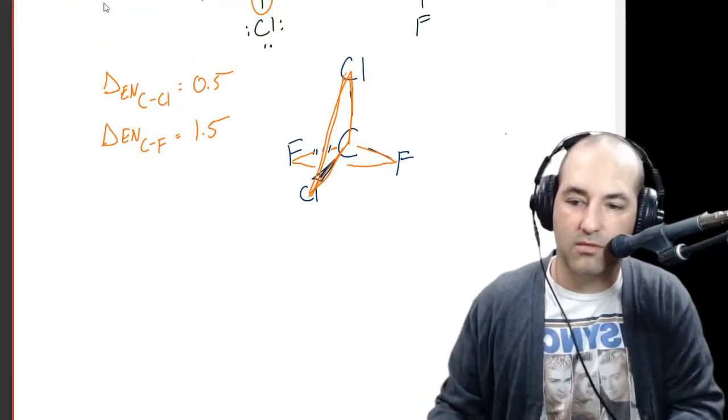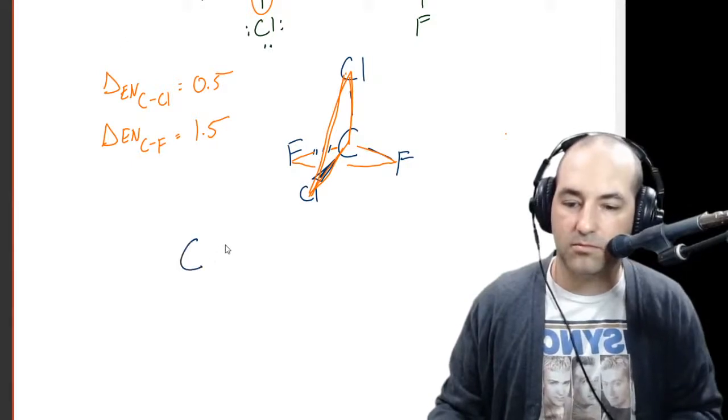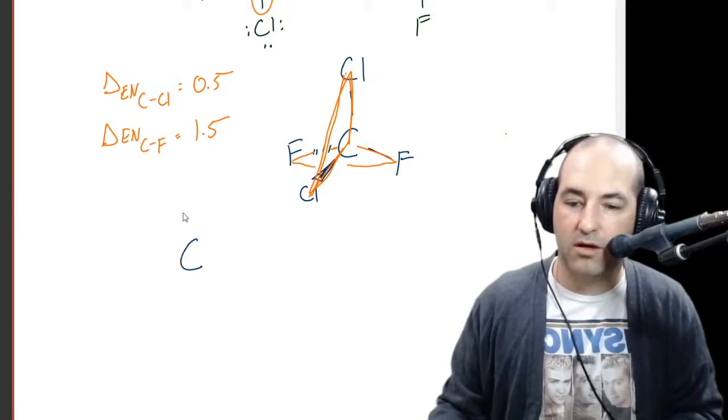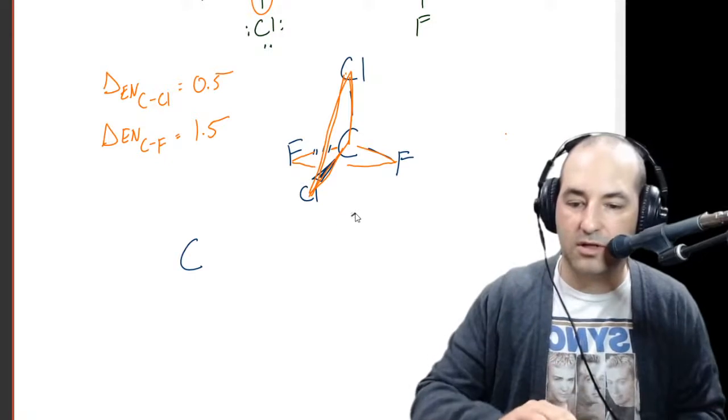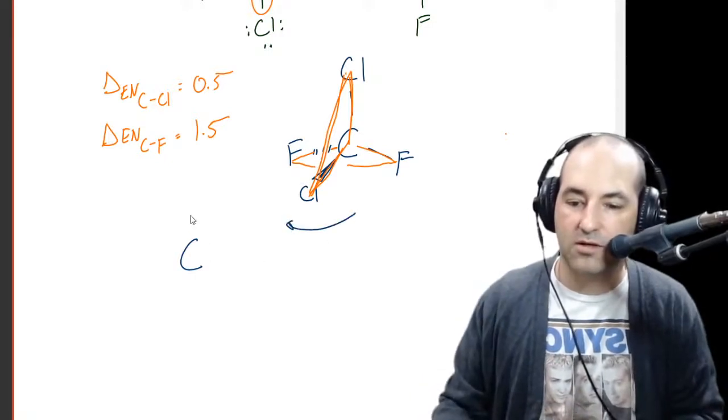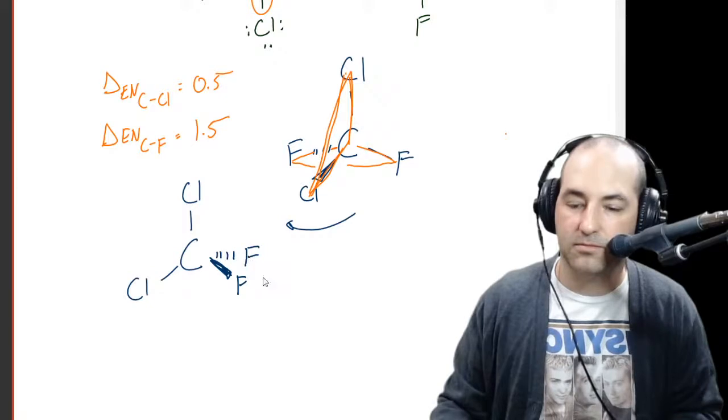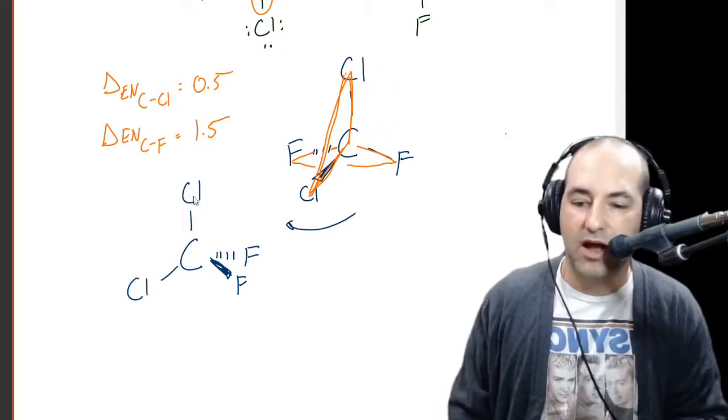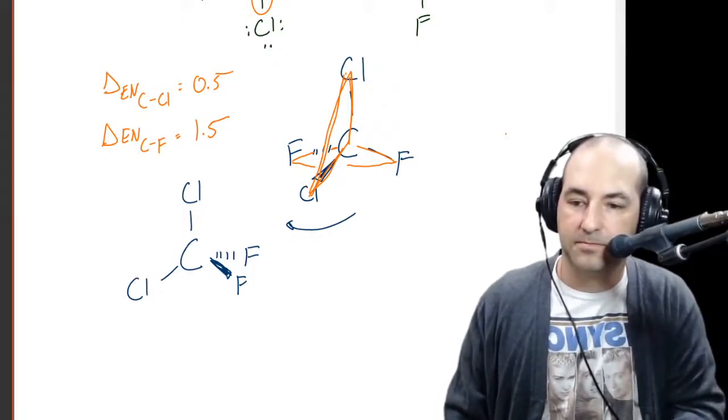Maybe you can see it a little bit better. If I imagine I'm twisting this around a little bit that way, then my chlorines end up over here, and my fluorines end up here. And now you can see that triangle structure a little bit better.